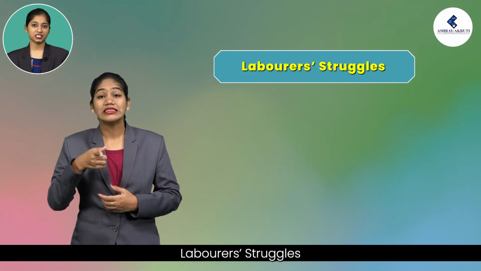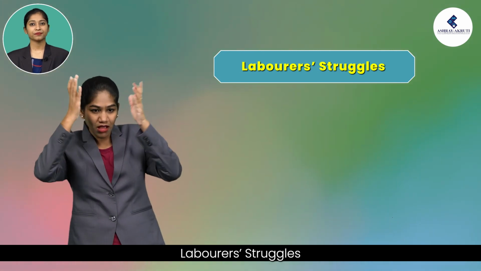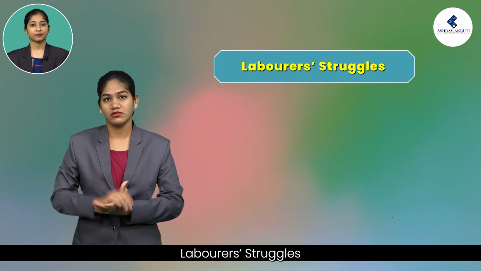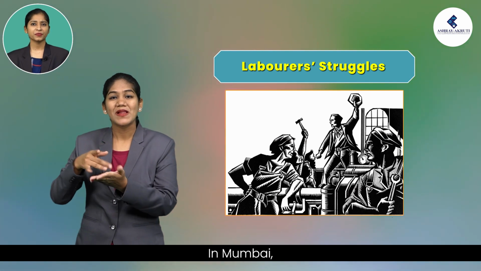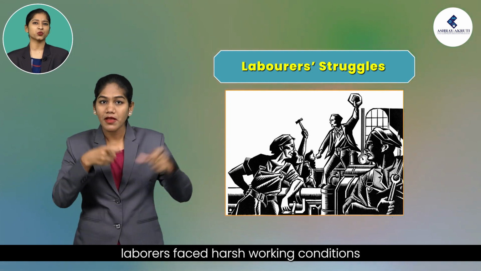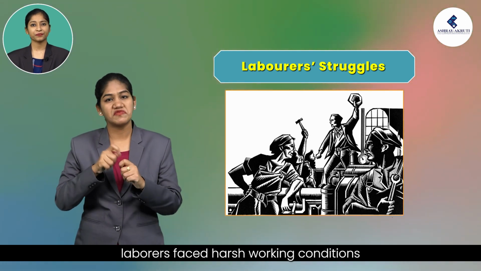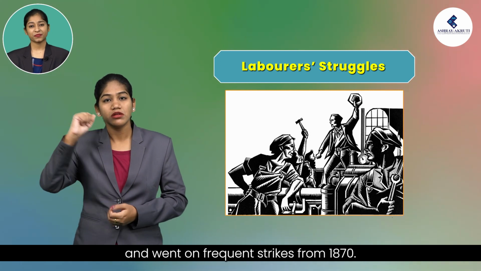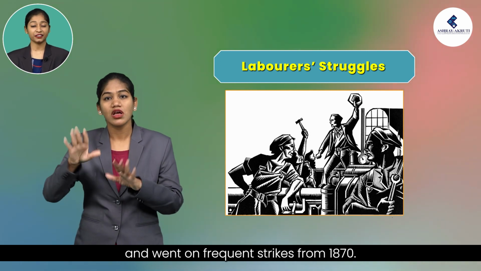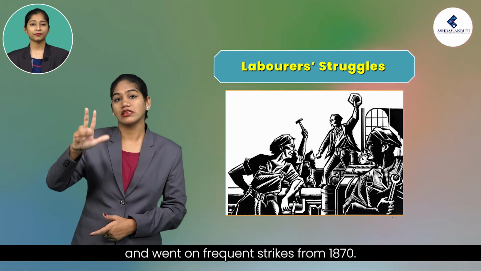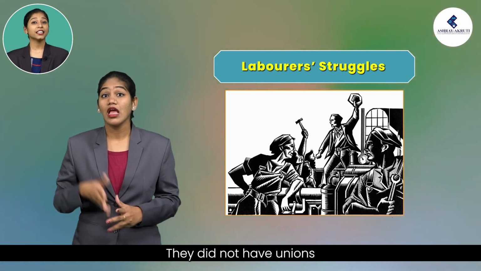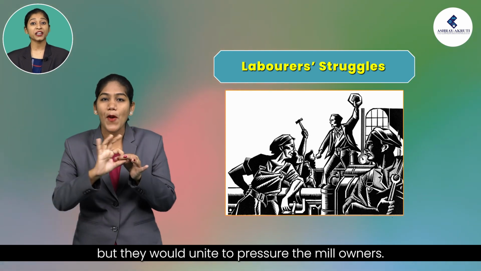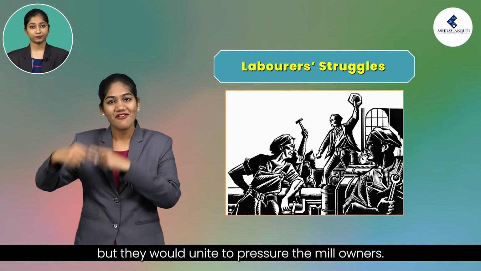Laborer struggles. In Mumbai, laborers faced harsh working conditions and went on frequent strikes from 1870. They did not have unions, but they would unite to pressure the mill owners.